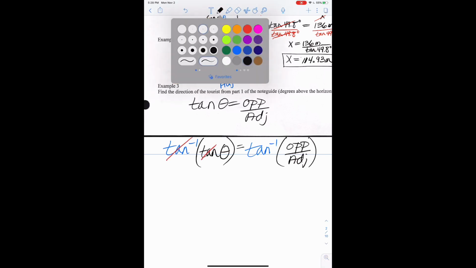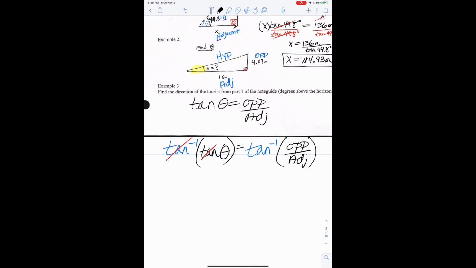It's like an undo button, the inverse function. And so we're left with theta equal to tan inverse of opposite over adjacent. And there are tan inverse buttons on your calculator.